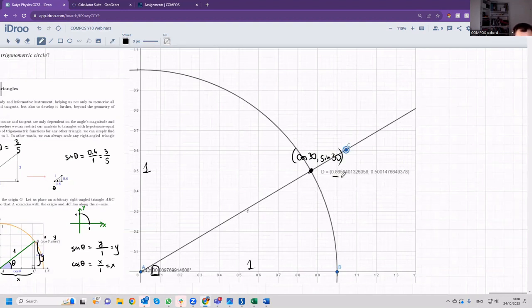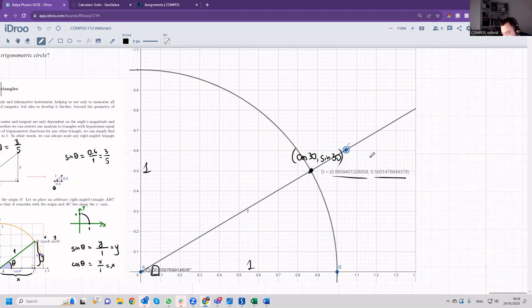Let's check. Sine 30, we already know, is a half. This is approximate because it's a rough drawing, since I can't get 30 exactly. But if I were to get 30 exactly, I would get exactly 0.5.